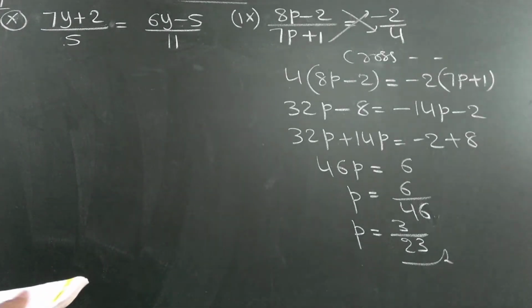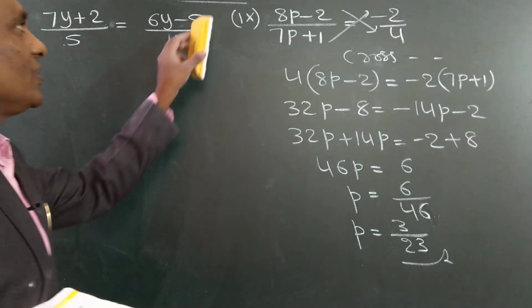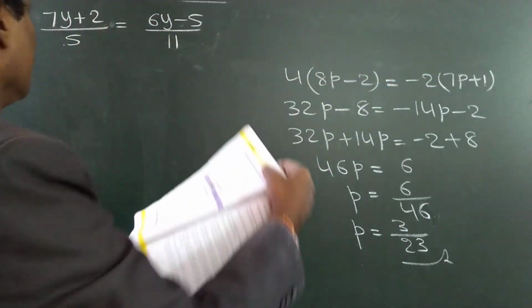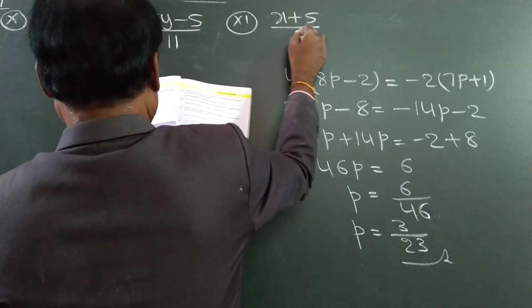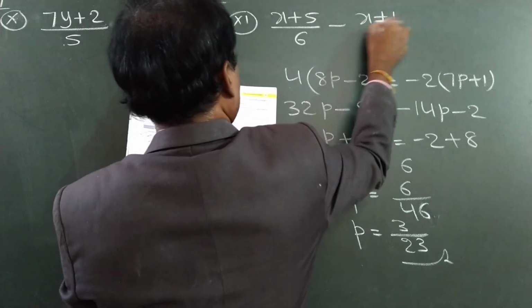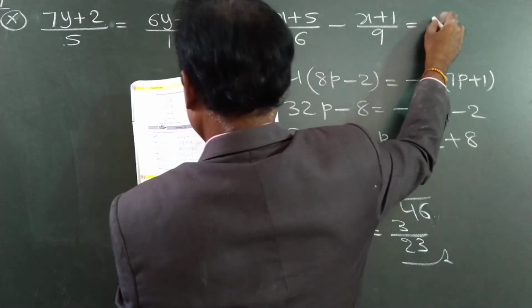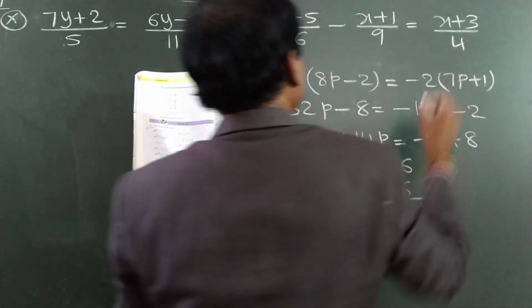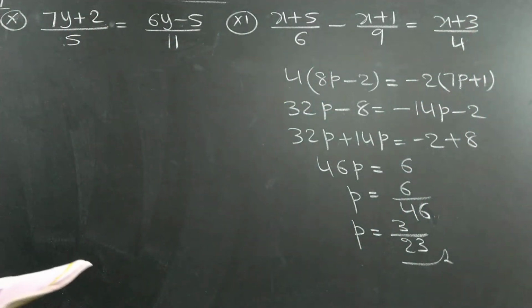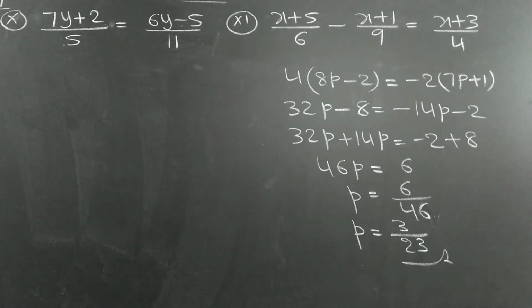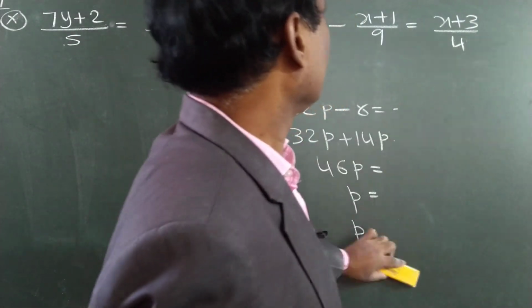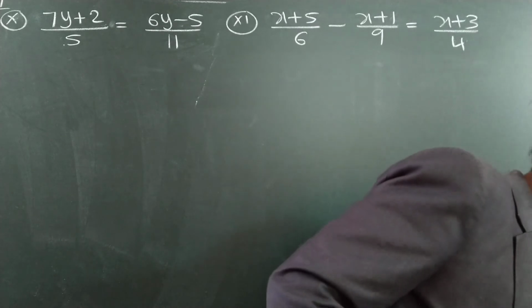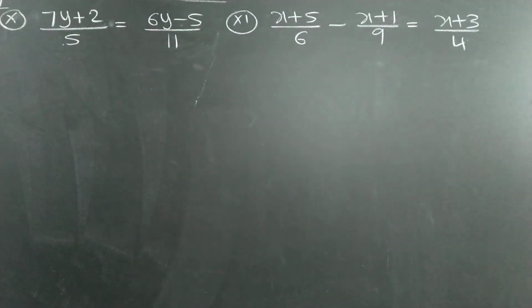(7y + 2)/5 = (6y - 5)/11. Do the cross multiplication. Anybody got the answer?